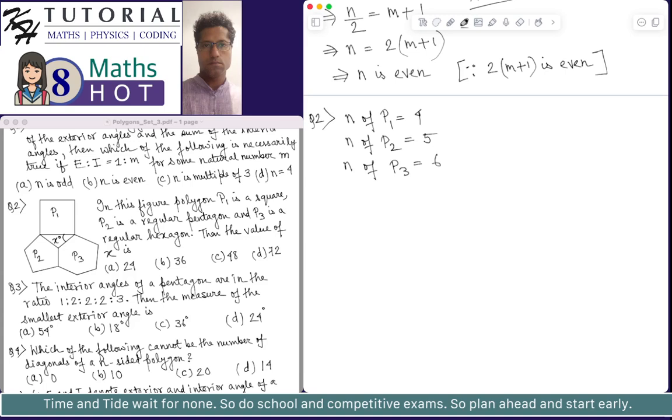Okay, then the value of x is, I'm just drawing the partial diagram. So we are having kind of this and this. So this is x degrees. We have to find this angle. Now let's say we mark the vertices A, B, C, and we have this kind of scenario.